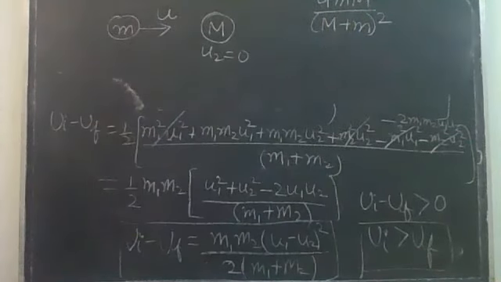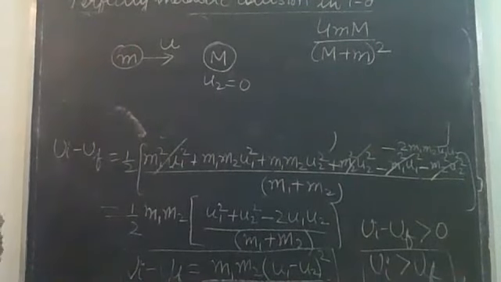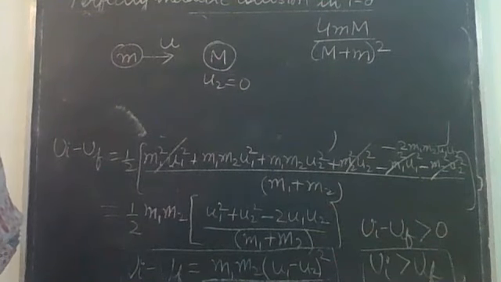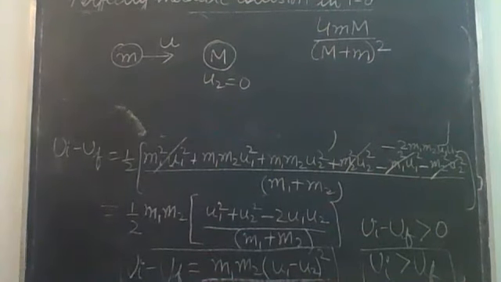We have to show this. Show that the kinetic energy of mass m transferred to the struck particle is 4Mm over (M plus m) whole square.